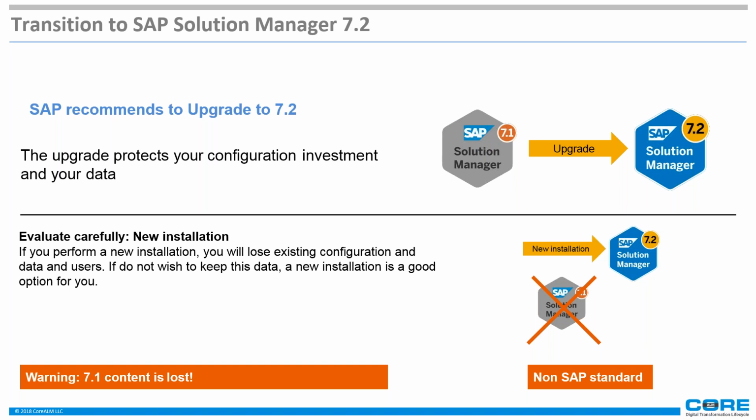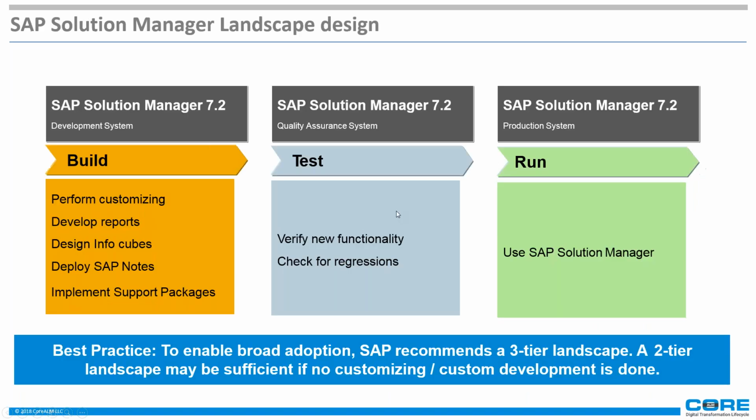That's not always the option, and certain customers decide to do a greenfield implementation of Solution Manager. But please do realize that you will be losing any of that historical data, historical transactions that you have about your upgrades, like anything in Maintenance Optimizer. Obviously, all those would be lost. But the recommendation is to upgrade to 7.2 from a 7.1 system.